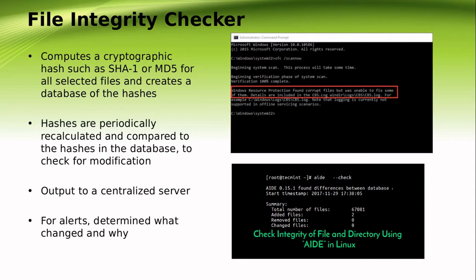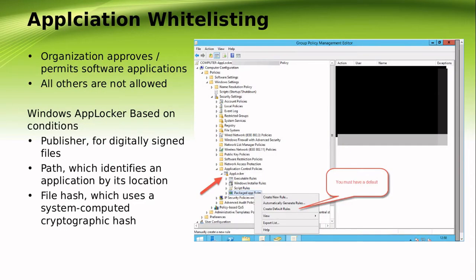The next topic is application whitelisting. Application whitelisting determines the rules on what applications are allowed to run on a computer. On the right side there's an example using AppLocker, and it is a very good example.